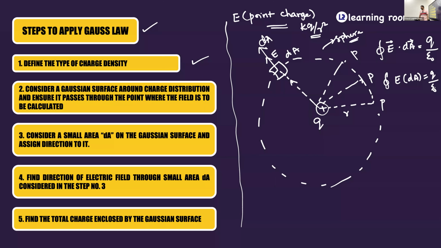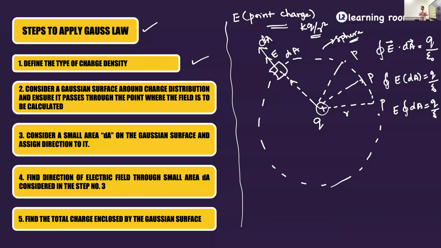Why will I take the electric field outside? Because it is a constant value. Why did I say it's a constant value? Because due to this charge distribution, at a given distance, the electric field is always constant. So if I take this E outside, E into the surface integral of dA is equal to Q divided by epsilon naught.